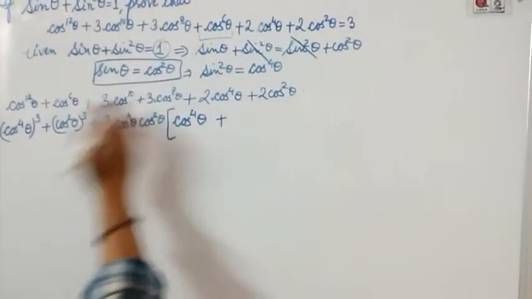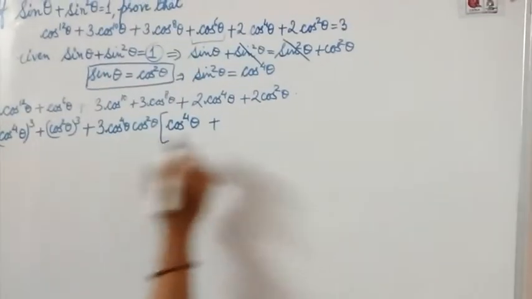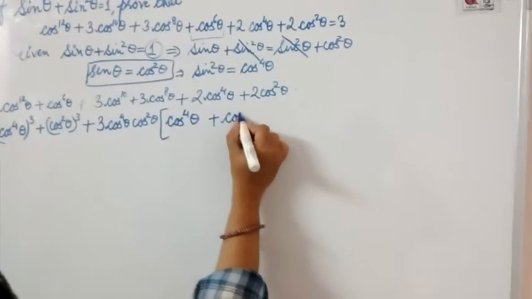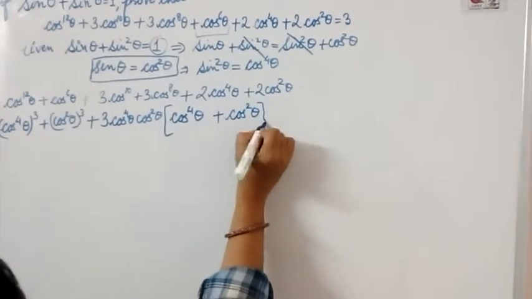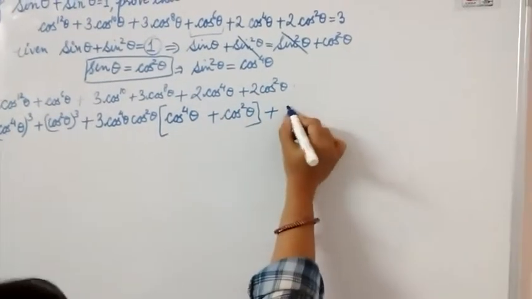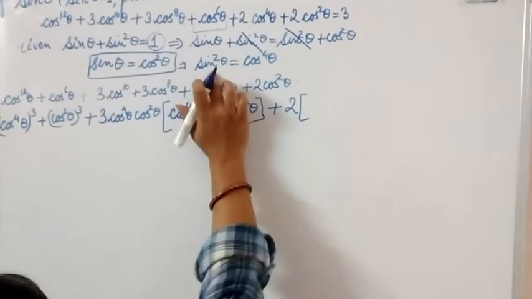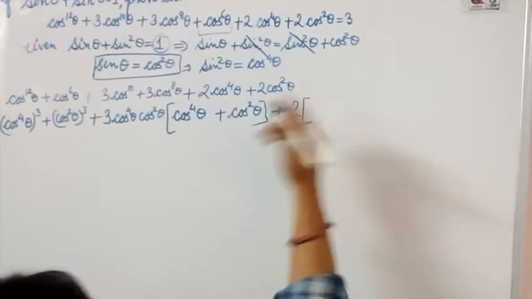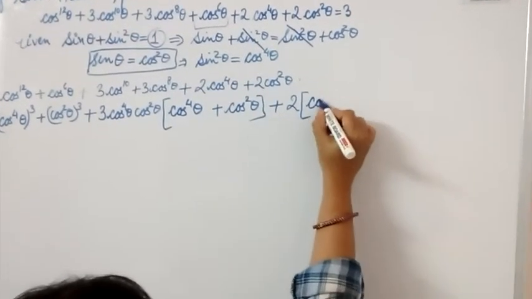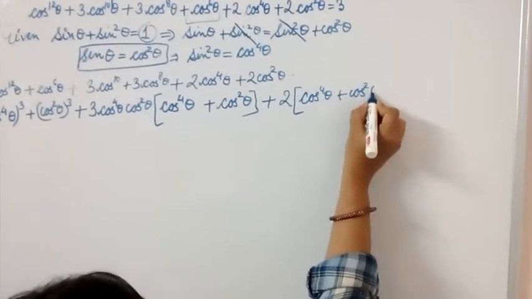Then we have 3 already out, and the power is 8 here, so 6 is out. So cos square theta will remain inside the bracket. Is it right? Now here we take out 2 common. Cos 4 theta is equal to sine square theta. Can I write it? Okay, we'll write it in the next step. Cos 4 theta plus cos square theta.